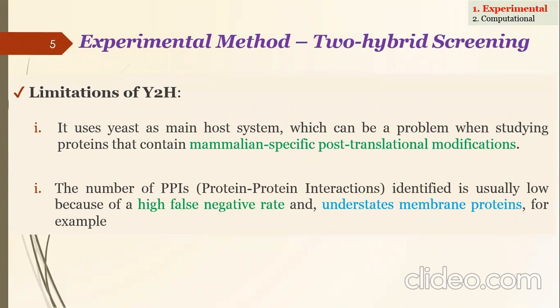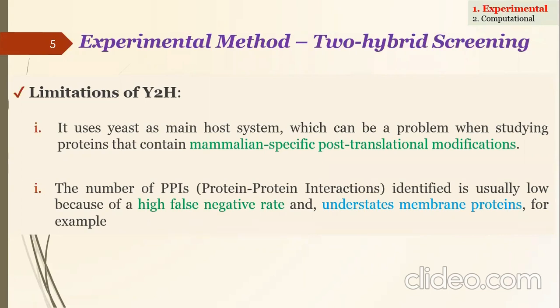When the proteins are produced, the host system will specifically modify some of the residues, and that will depend on the host system. Like in animals, certain amino acids or certain proteins will be modified. Maybe in mice or in other animals, the same post-translational modification will not occur.